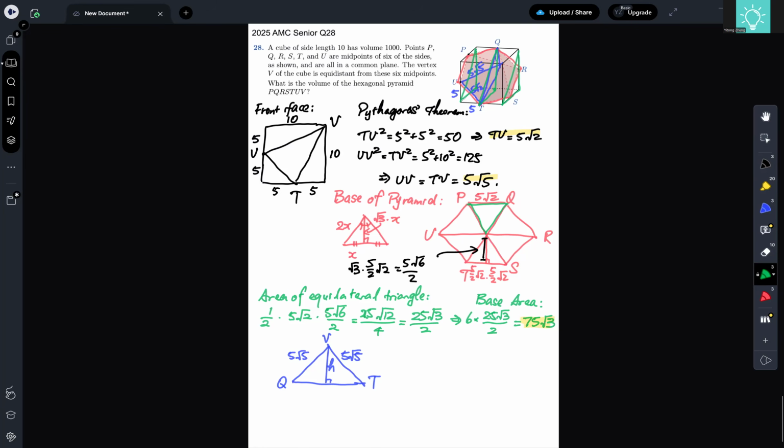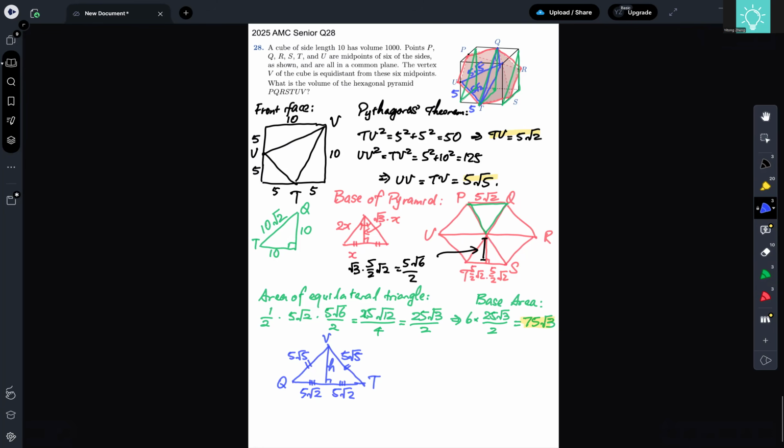So QT is just this triangle in the middle, and it's an isosceles right triangle, which is 10 and 10. So if this is 10 and 10, QT has to be equal to 10 square root of 2. So that's what QT is. And because this is isosceles, both 5 square root of 5 here, these two are equal as well. And half of QT, 10 square root of 2, is 5 square root of 2.